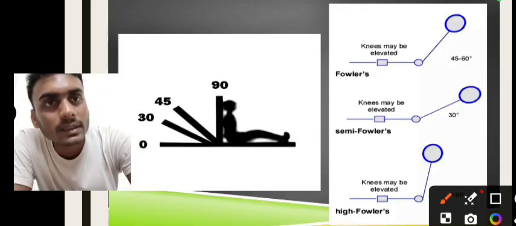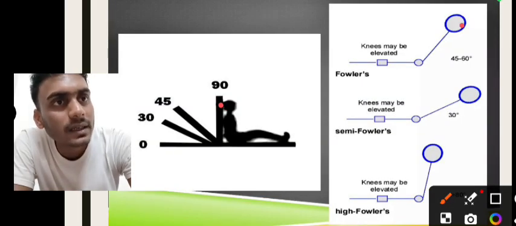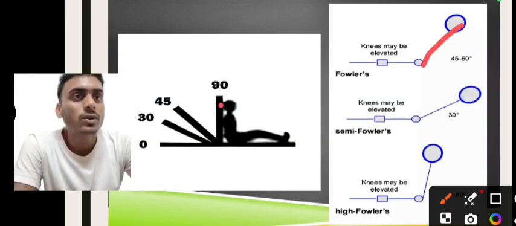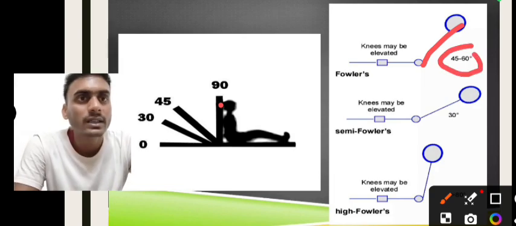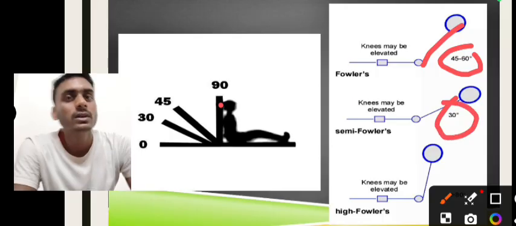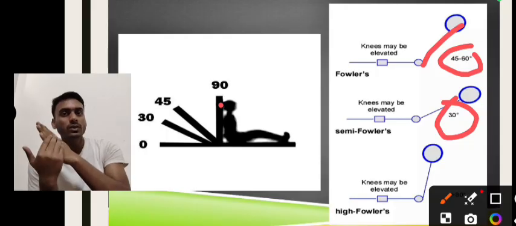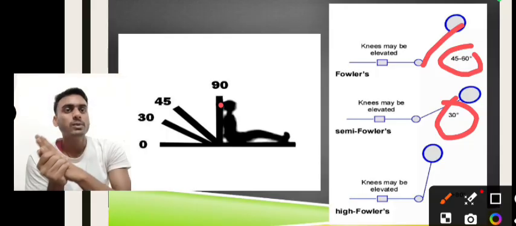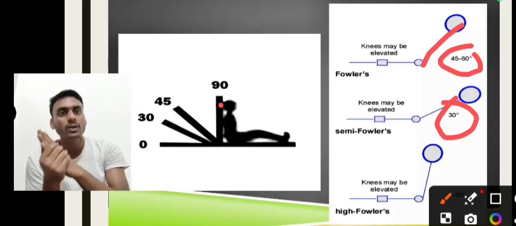So this is a patient. If the patient lies down at 45 to 60 degrees, that is called Fowler position. If the bed is elevated at 30 degrees and the patient lies down on the bed, this is a semi-Fowler. If the angle is 45 to 60, you call it Fowler position.